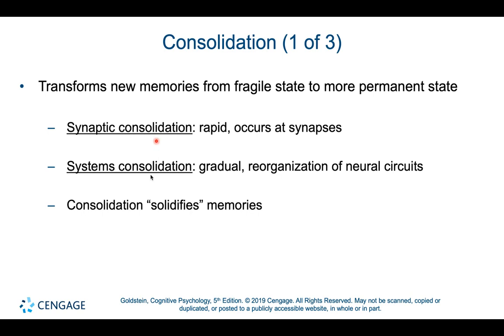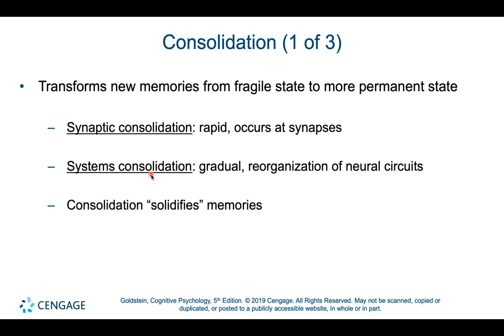We can think of two types of consolidation occurring: synaptic consolidation, which is very fast and very rapid and occurs at the level of the connection between two individual neurons, or at the synapse, right, where one neuron talks to the next neuron. Synaptic consolidation is the strength of connection, or the strength of firing between two neurons. Systems consolidation is a little bit of a broader idea.